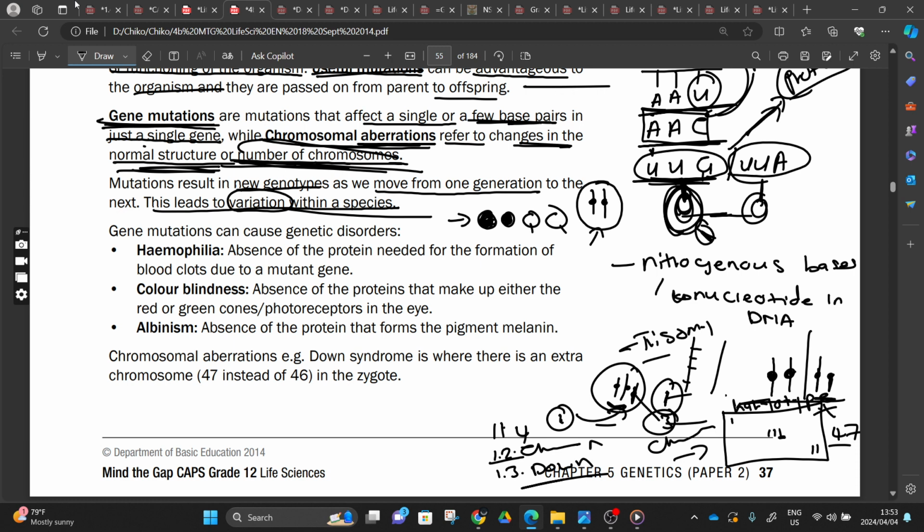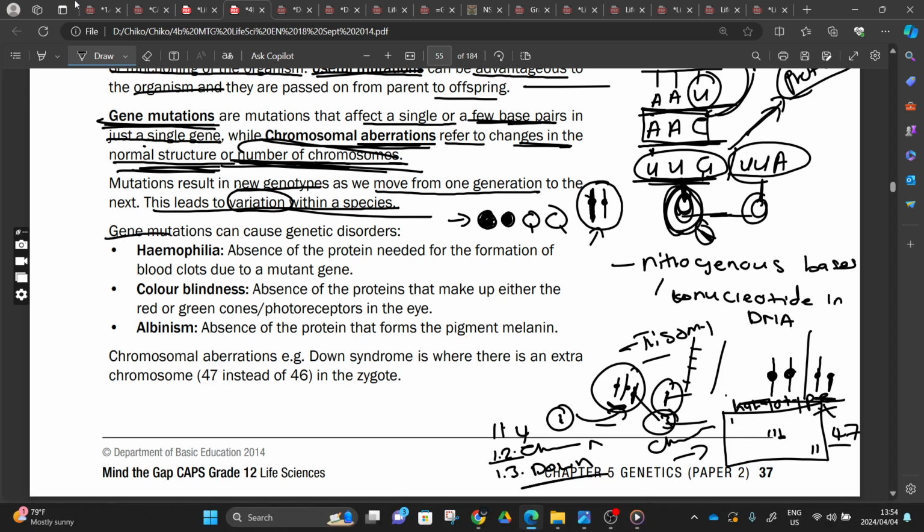This variation can be brought upon by crossing over during chiasma, by random assortment, and also by mutation. If the chromosome is just doing its own thing without crossing over or random assortment, but there is a change in this structure, that person is going to be different from another person. I hope you understand that.